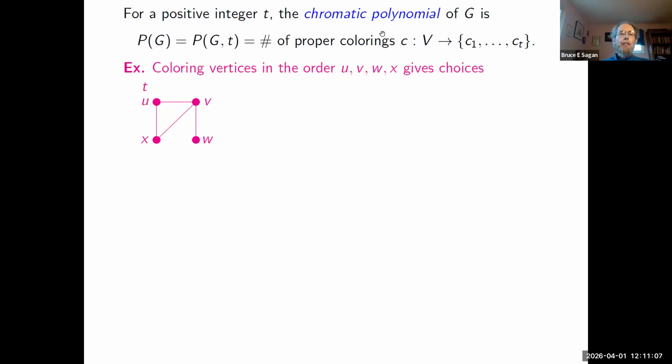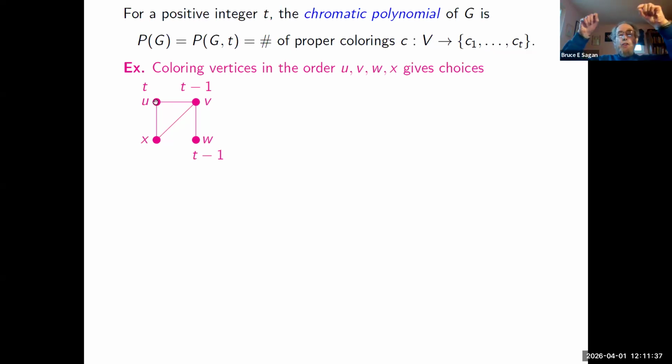Well, V is adjacent to U, which was just colored, and therefore I only have T minus 1 choices when I get to V, because I can't use the same color that I had on U. What about with W? Same thing, right? W is adjacent to V, which was already colored. So I've got T minus 1 choices. What happens at X?